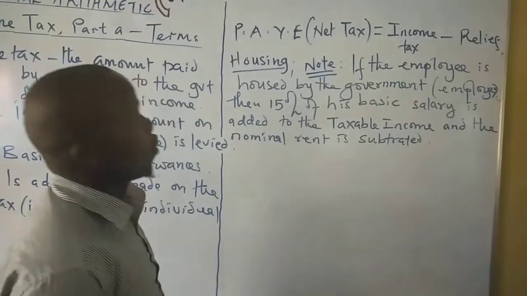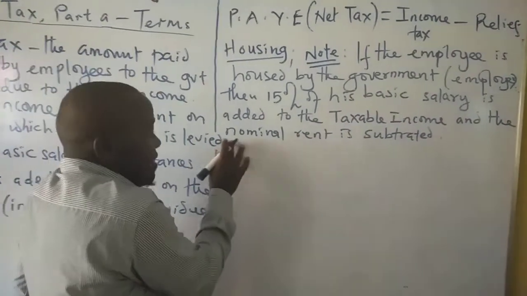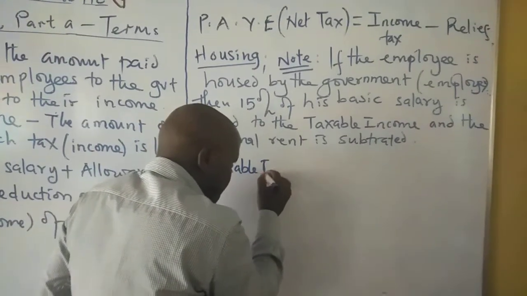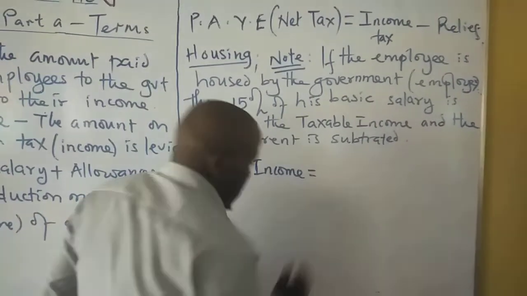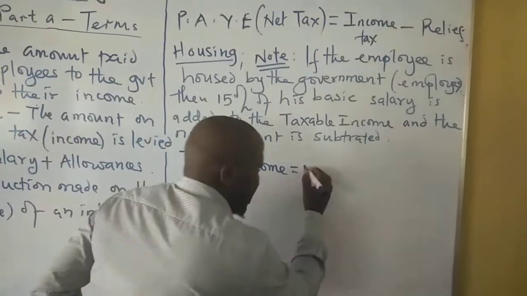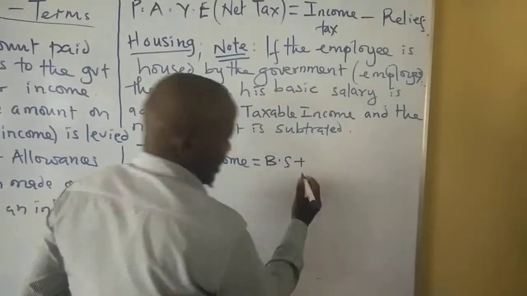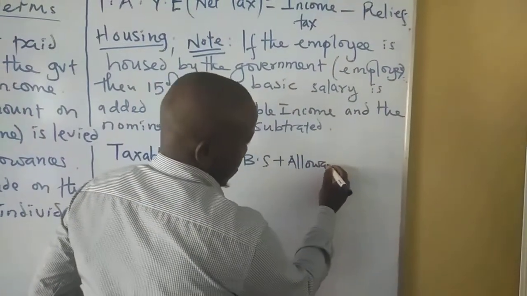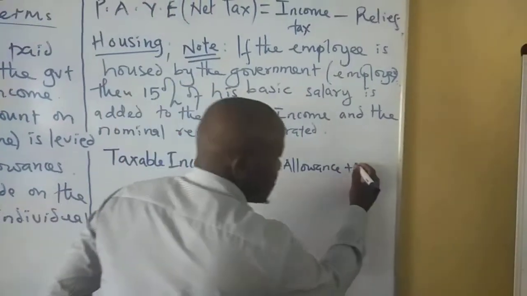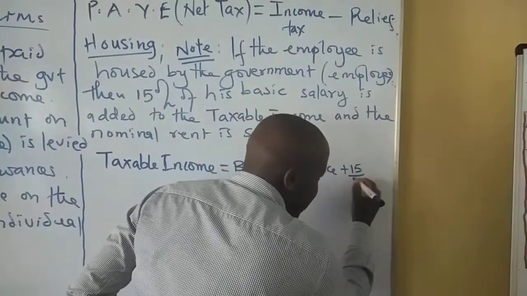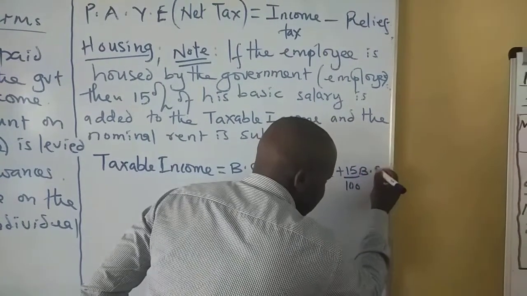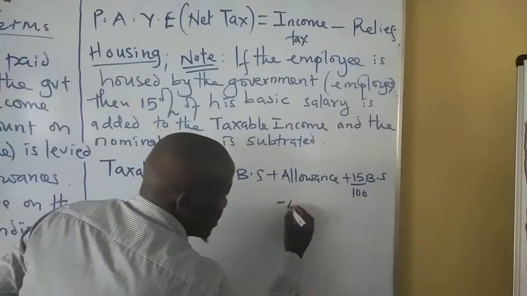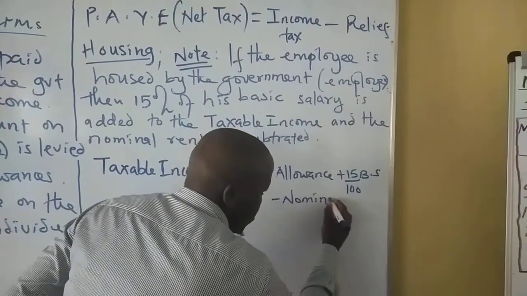The taxable income will be calculated by taking the basic salary plus any other allowances, plus 15% of basic salary, which is now the house allowance, minus nominal rent.